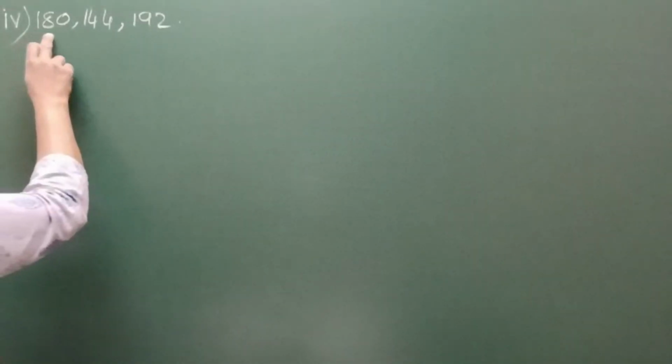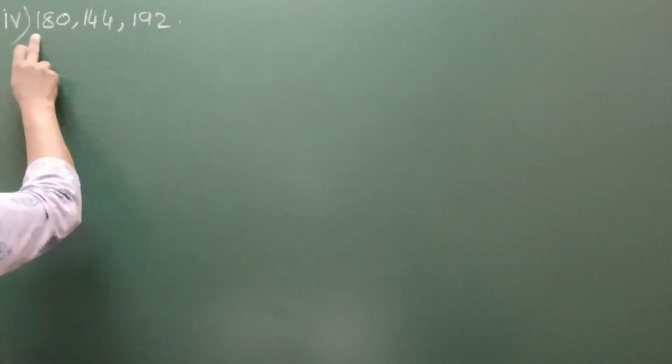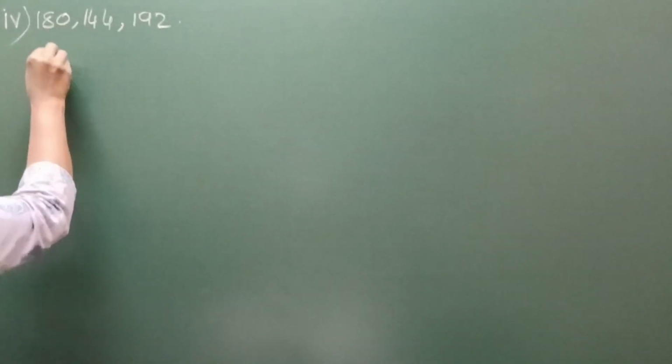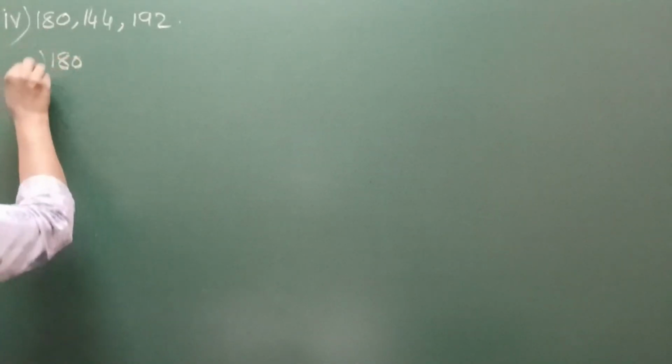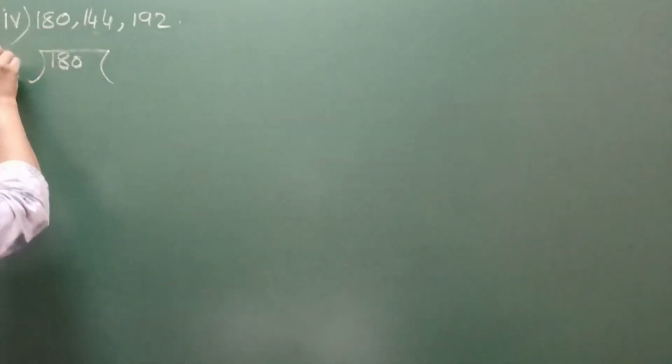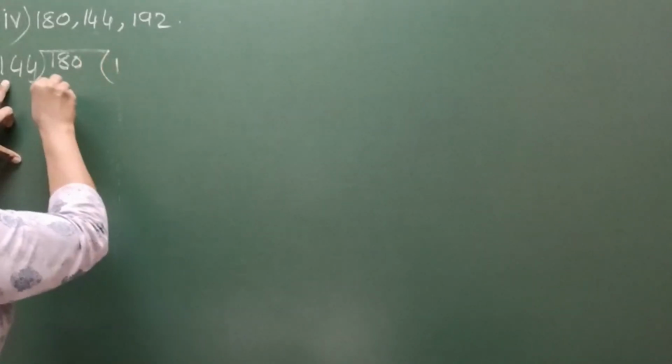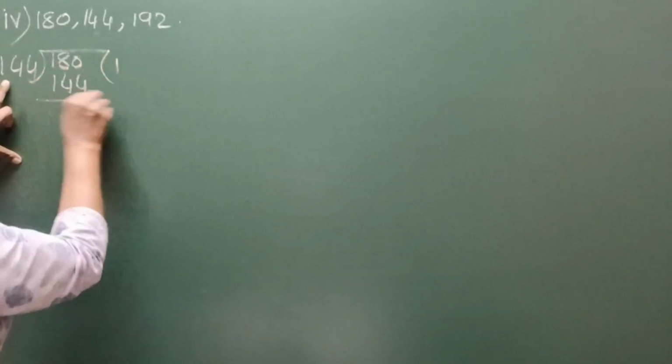There are 3 numbers given in this question, that is 180, 144 and 192. So when we take the first 2 numbers, 180 is the greater number. So 180 divided by 144. 1 time. 144.